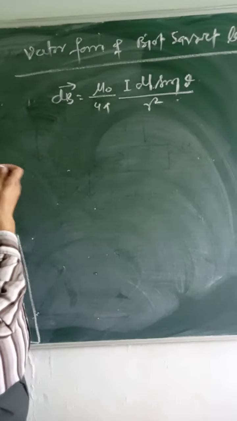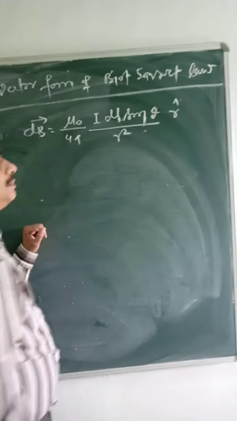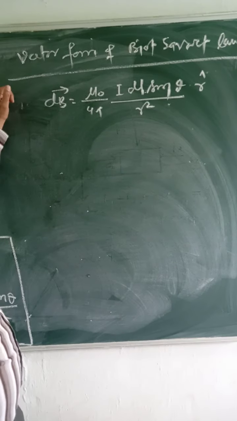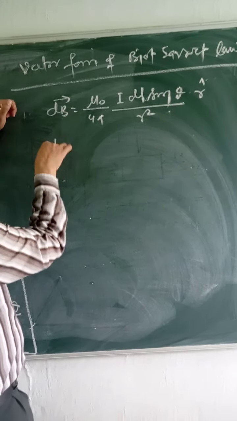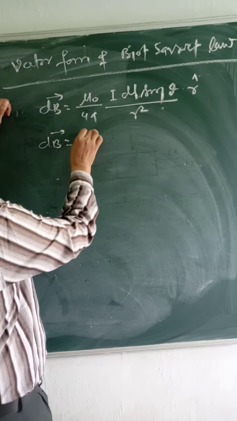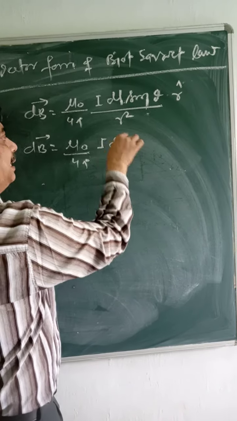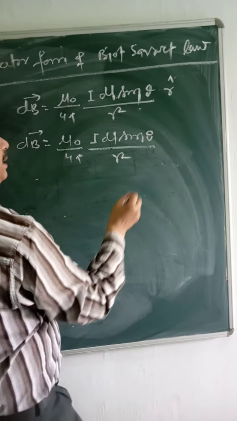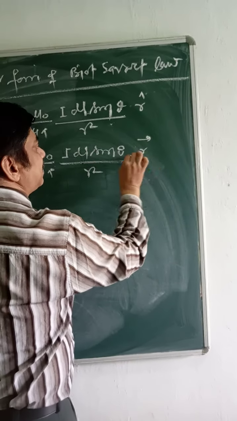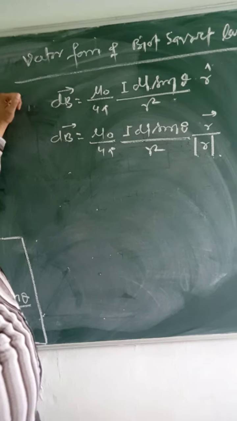This is the magnitude. What is the direction? For that, we need a unit vector. As you know, this can be written as a vector divided by its mod.